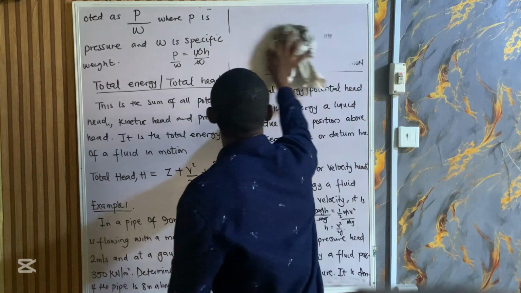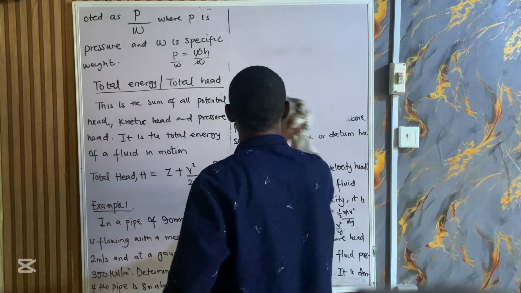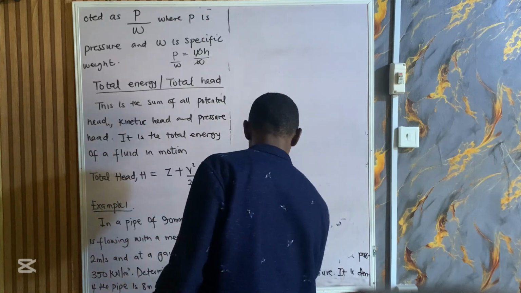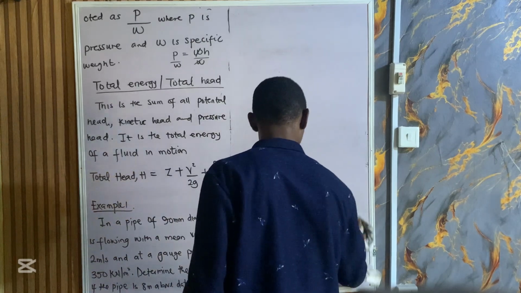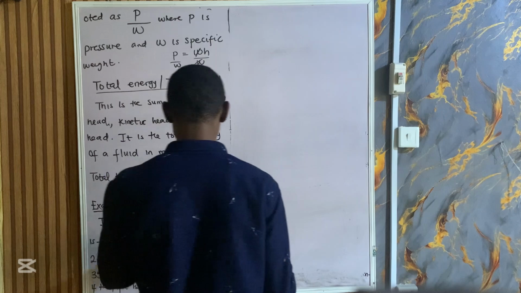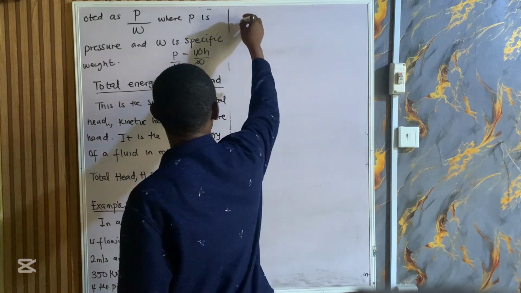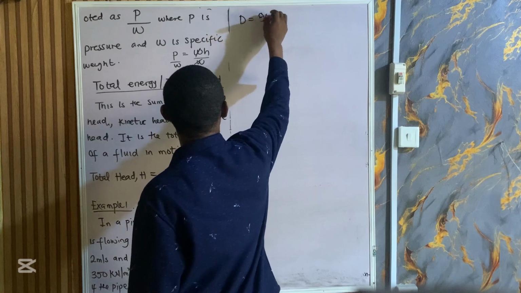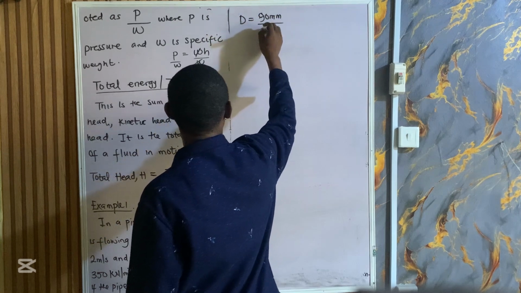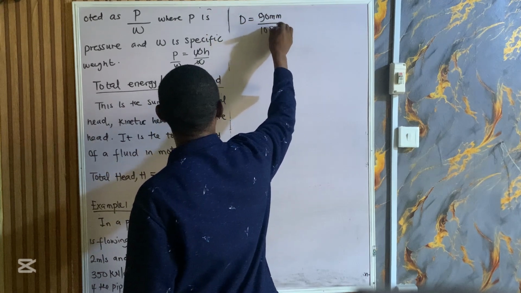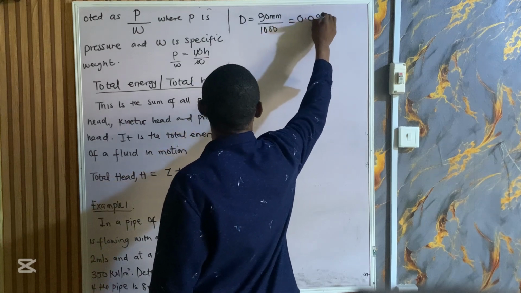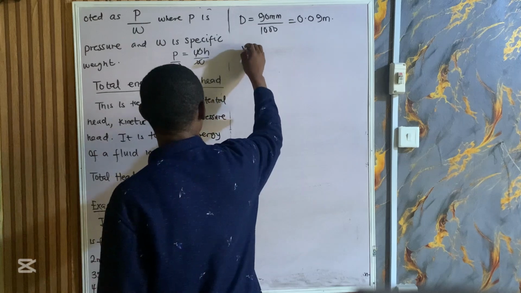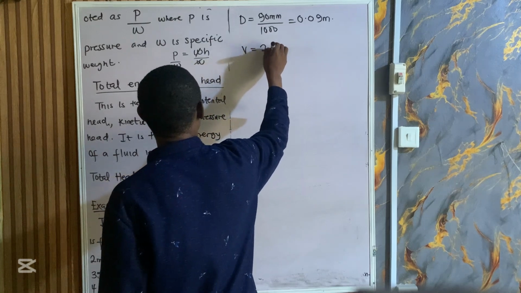So now, let's evaluate this. First of all, what are the given parameters in this question? Well, we are given the diameter of the pipe. The diameter of the pipe is given as 90 millimeter. So we convert to meter by dividing by 1000. That will give us 0.09 meters. Again, we are given the velocity as 2 meters per second.